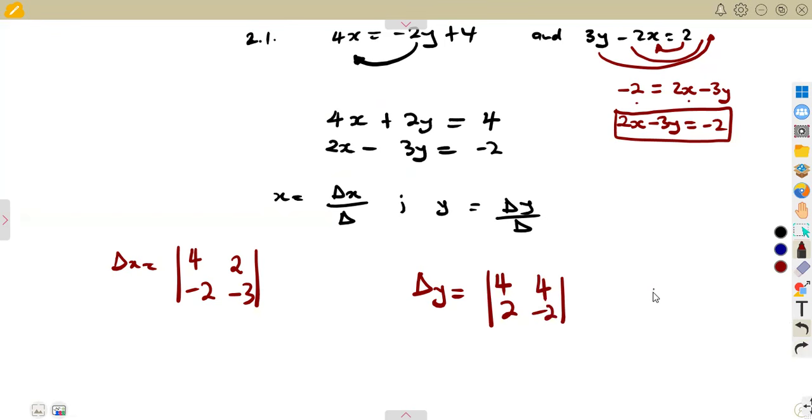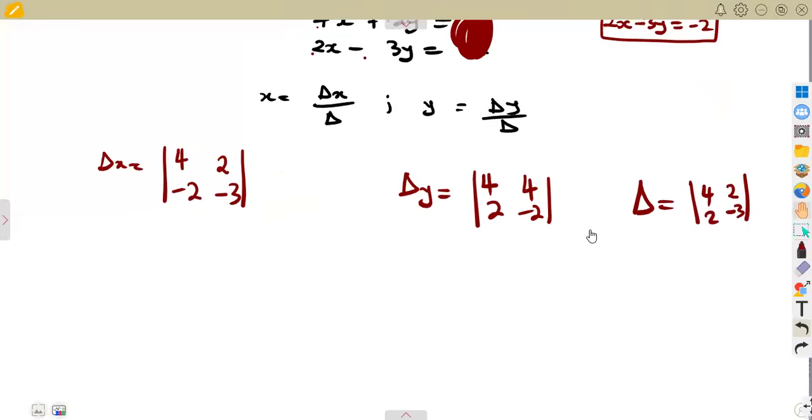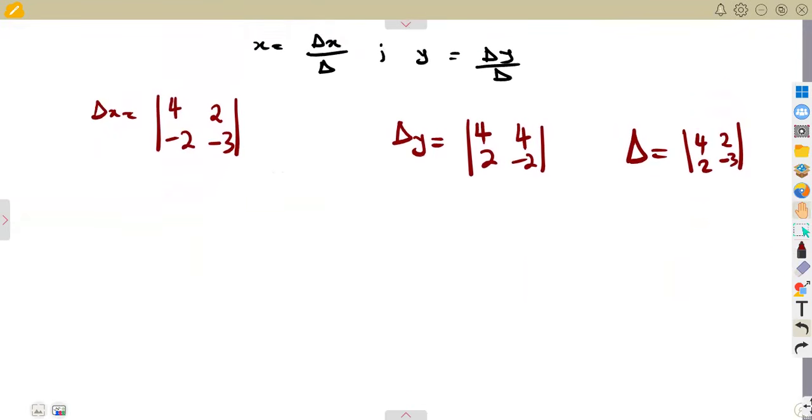We also need the determinant for the constants, where the constants are not involved. This part of constants is closed, so there is nothing to be substituted. You just take the left-hand side as it is, maintaining the sign, that is 4, 2, 2 and minus 3. So that is the idea there.